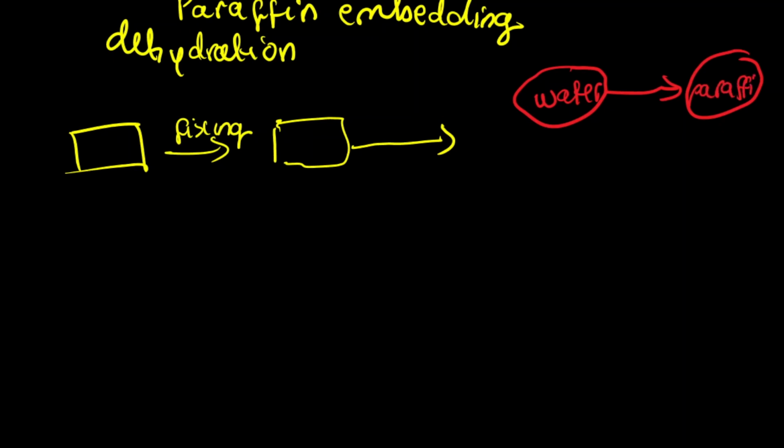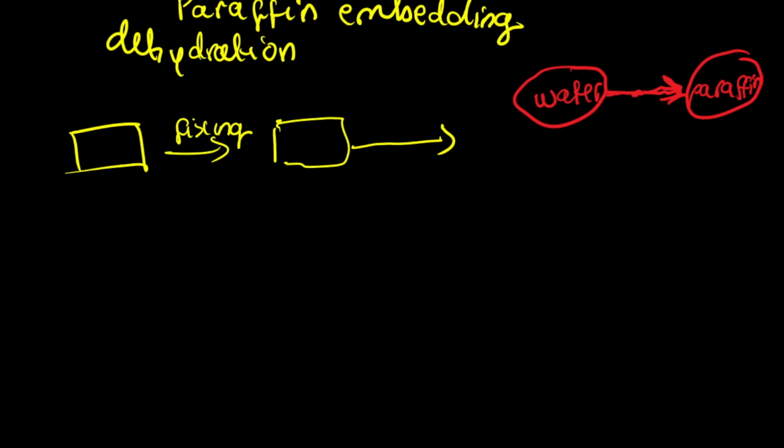However, this process cannot take place at once. Okay, it cannot take place directly. And why is this so? This is so because paraffin is insoluble in water, so there is no way in which we can directly extract all of the water and replace it with paraffin.